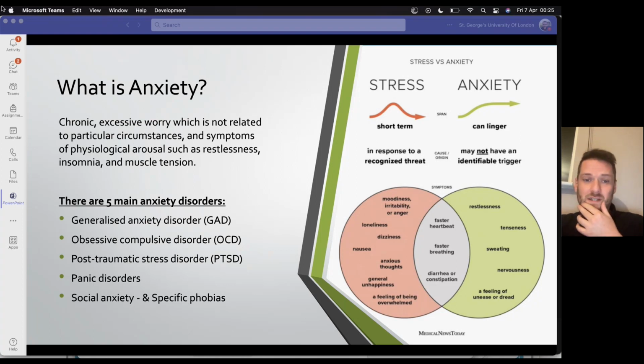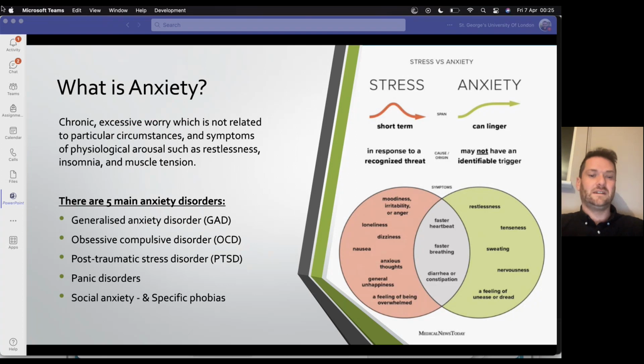And the other big thing about anxiety that they put here is its symptoms of physiological arousal, such as restlessness, insomnia, muscle tension. So that's a big one to look through. If you're getting a question that says which of these is a typical symptom of anxiety rather than depression, look for physical things.